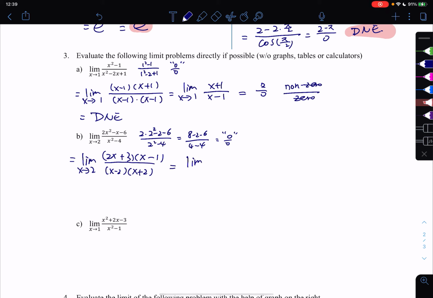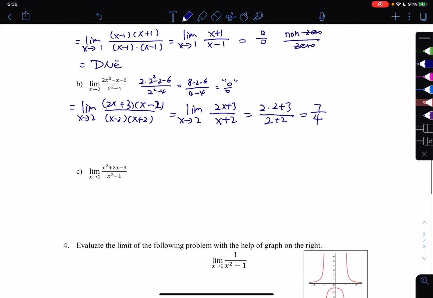So once you factor it, what we have after the cancellation, let me double check, my bad, this is 2 here. So we have 2x plus 3 over x plus 2. So we end up with 2 times 2 plus 3, 2 plus 2, so we end up with 7 over 4 as my final answer.